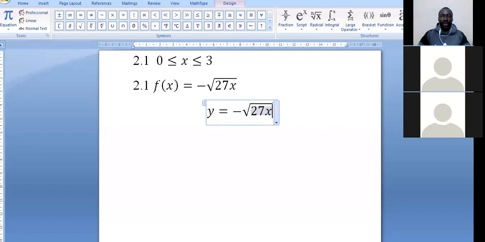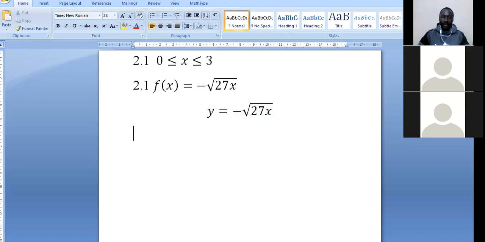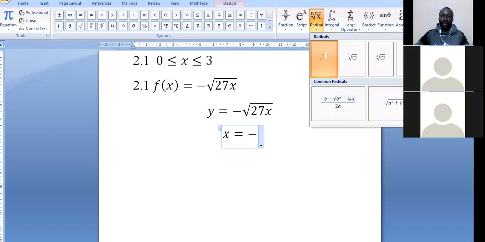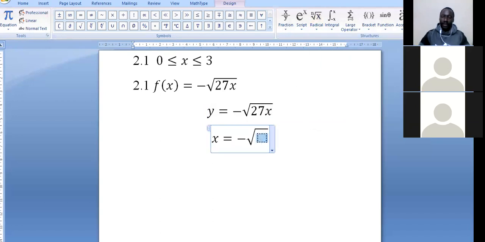Then in the second step, we interchange x and y, meaning where there is x, we write y, where there is y, we write x, okay? So from this, we then interchange. So we say x is now equal to the minus square root of 27y.